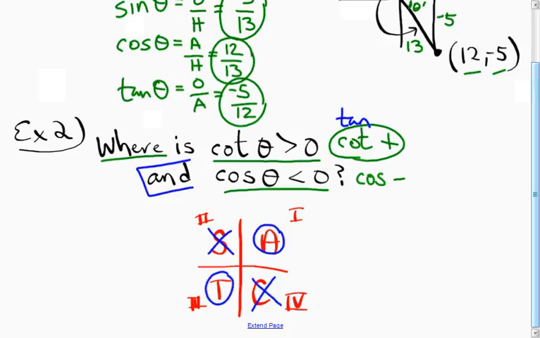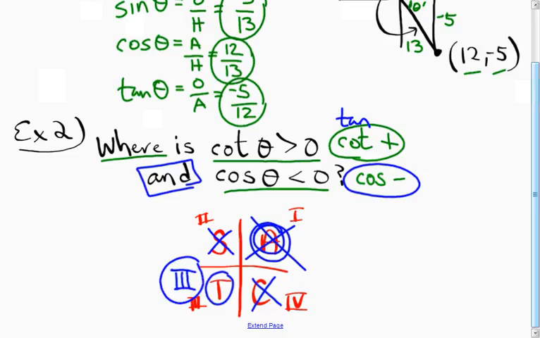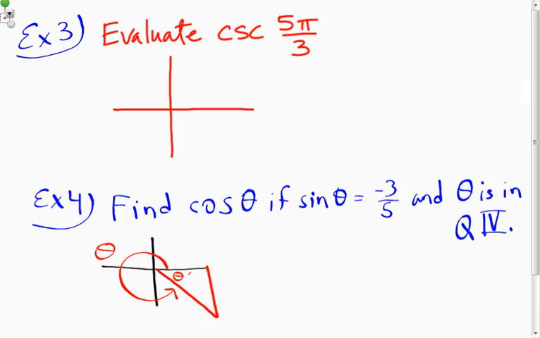But there's an and, so it has to be also negative for cosine. So I look back at what's left. All of them are positive here, so cosine can't be negative there, so we're stuck in quadrant 3. So where is that true? In quadrant 3.